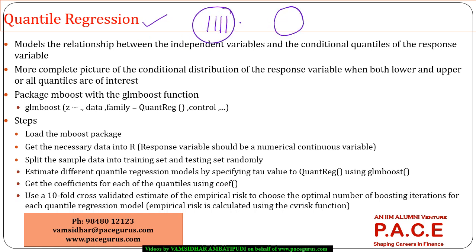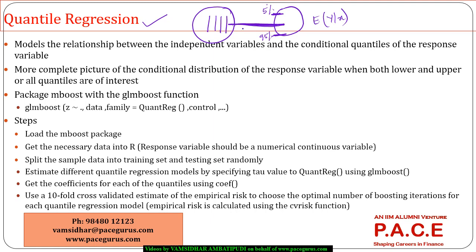I am not looking at a mean to mean kind of a mapping here. I am looking at different quantiles of the response variable. So I want what could be the 5 percentile value, what could be the 95 percentile value, rather than just getting the conditional expected value of y given x.